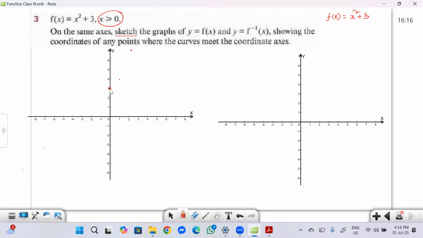And the part that we need to draw should be something like this. So a half or a portion of a quadratic graph. We actually have to draw a portion of the quadratic graph.